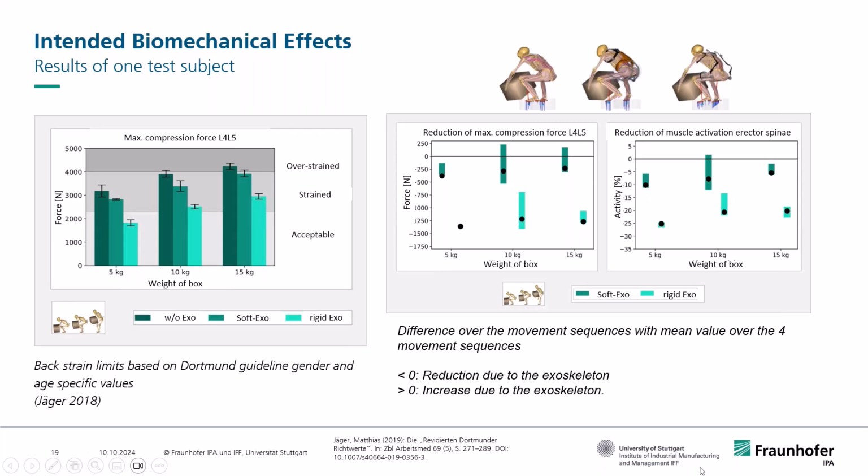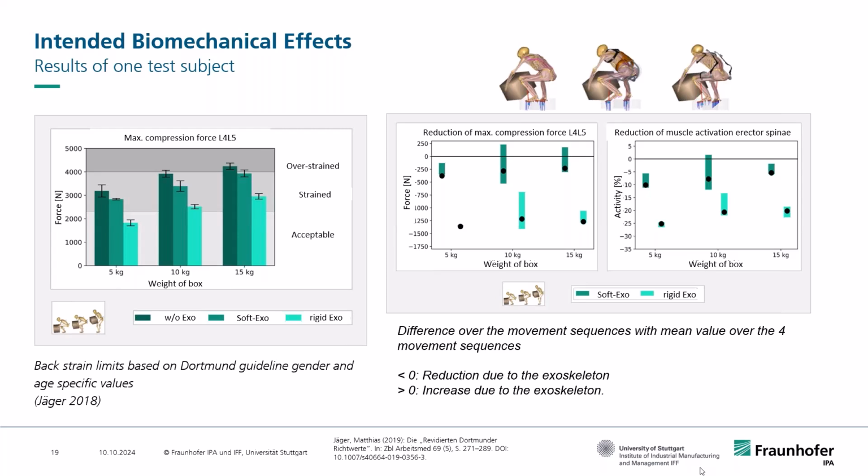Therefore, we brought exemplary results for one test subject. On the left side, you see the maximal compression force in the lumbar joint L4, L5. And you see the comparison of different weight conditions of lifting a box, as you can see in the videos, for different weights of boxes.